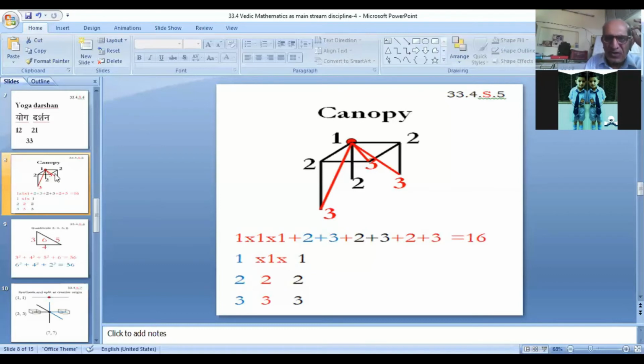It is this feature which makes a canopy of total value 16, which is parallel to the value of the dimensional frame of 4 space.